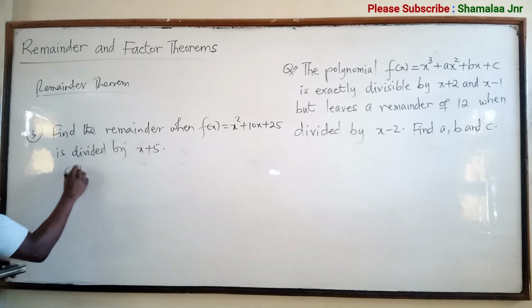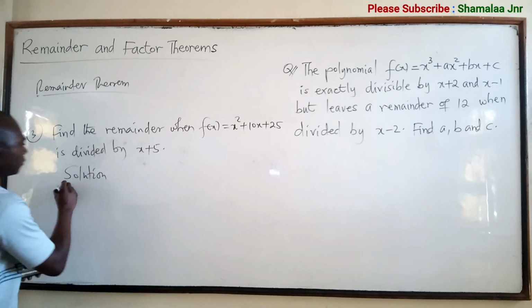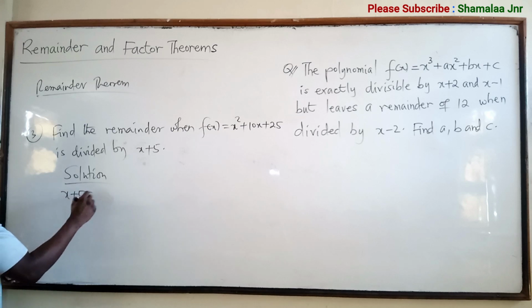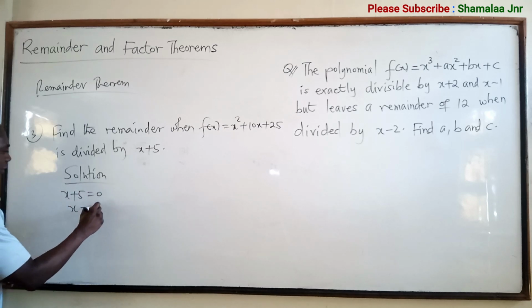So solution: x plus 5 is equal to 0, x is equal to -5.